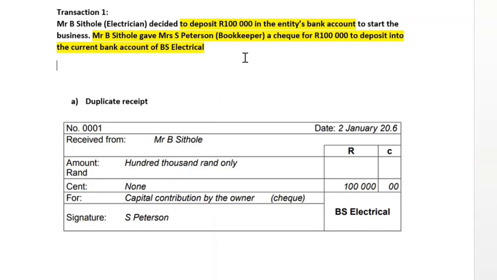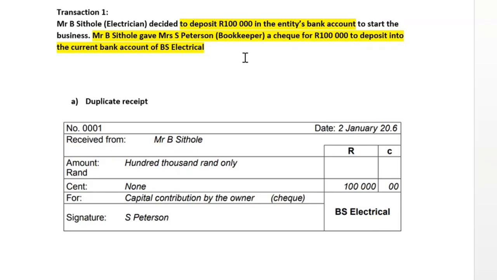So this is not a source document that BS Electrical can use in their business, because this is a check from Mr. Sithole's personal account. So this check doesn't derive from the business. Are you with me?